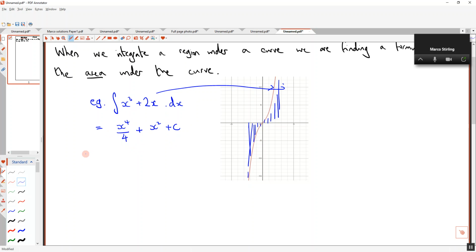So when I talk about definite integrals, that means that we're going to be integrating between 2 points.